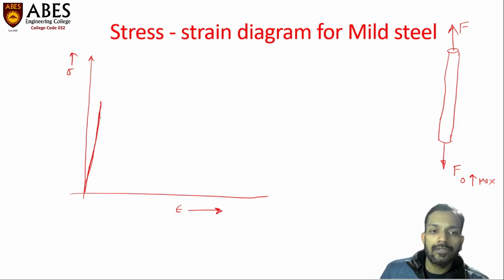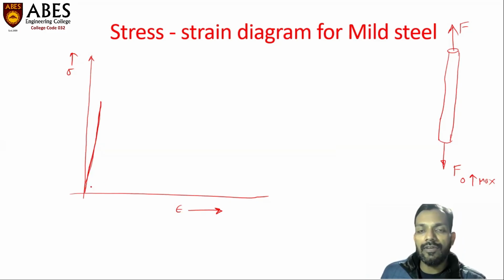It is closer to the y-axis because elongations are very small in the beginning stages, but stresses are developed drastically faster. It indicates the material is offering some resistance against the elongation. That's why the stress induced is much larger compared to the change in strain, or you can say the change in length of the workpiece.